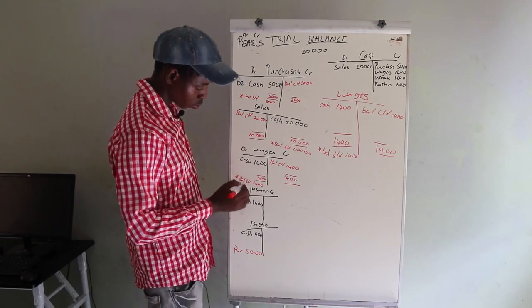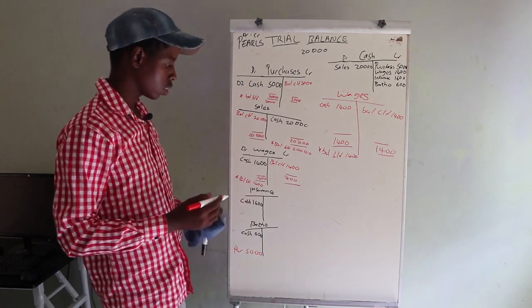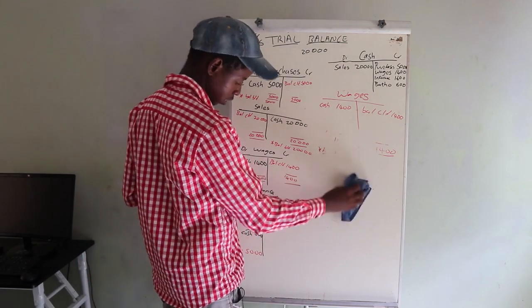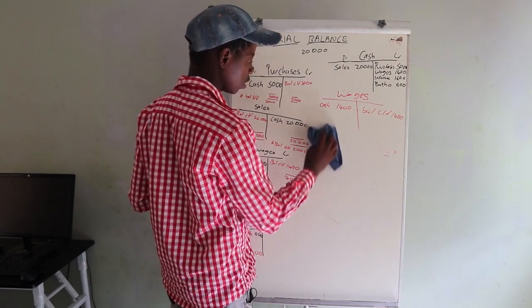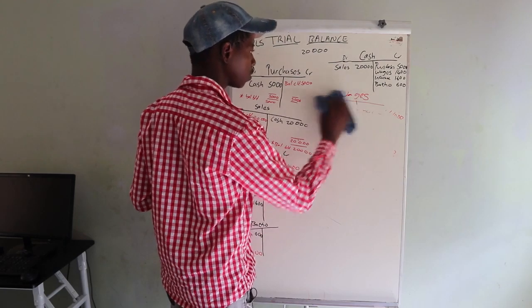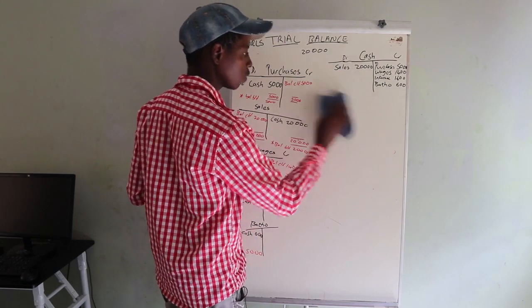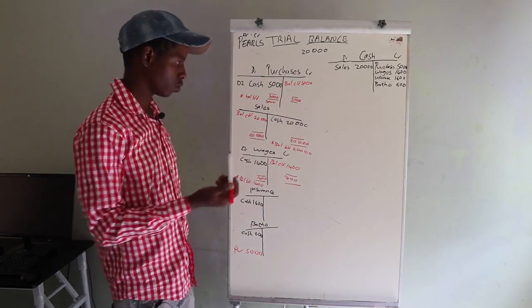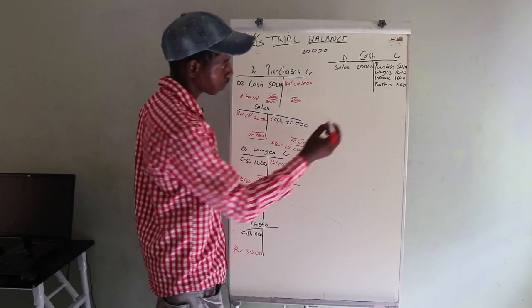I'll put stars to show you that we're going to take it to the trial balance. We're done with wages. Now we have the insurance. Remember, we are in the balancing style, right? So we're going to have insurance.